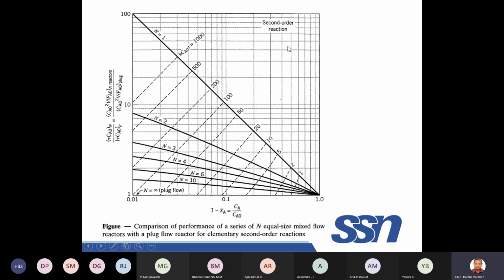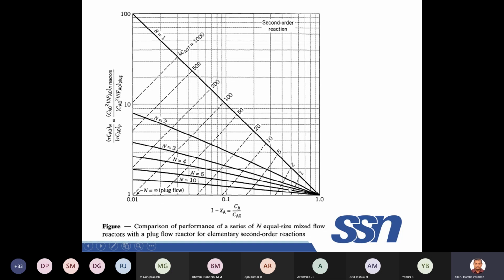This is for the second order reaction. If you substitute order as 2, you put k CA squared and then do the differentiation or integral. Then again, you can see this is understandable. n is 1, there is only one tank, two tanks, three tanks, and the number of tanks going to infinity gives a flat curve like this.